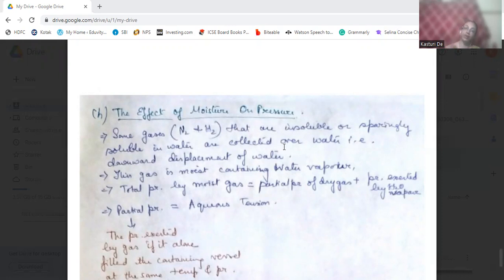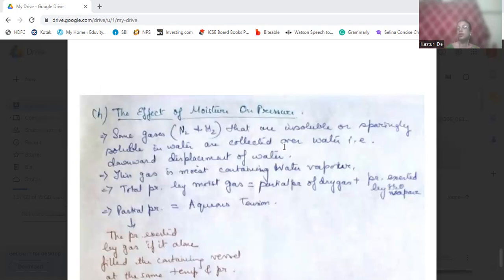When they are collected over water, they will contain some moisture, that is, water vapor. So total pressure will be the partial pressure of the dry gas and also the partial pressure due to the water vapor.